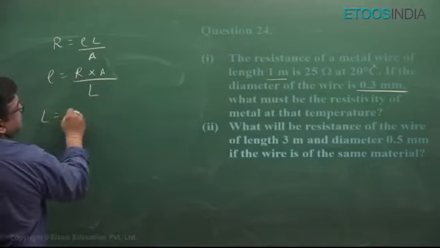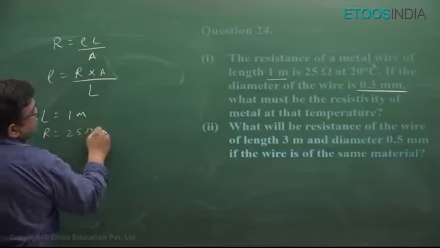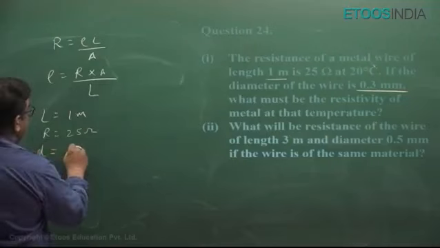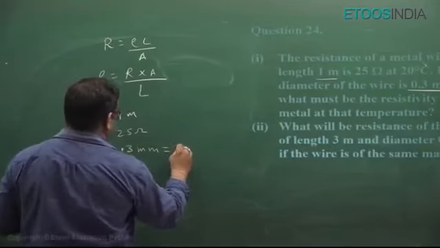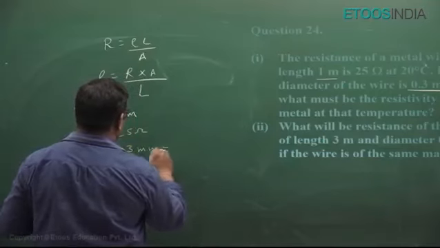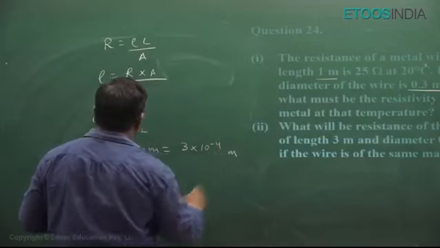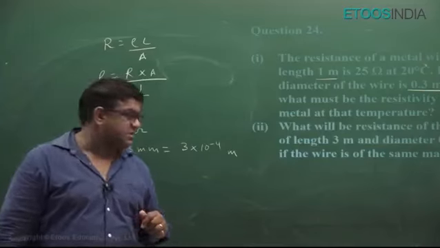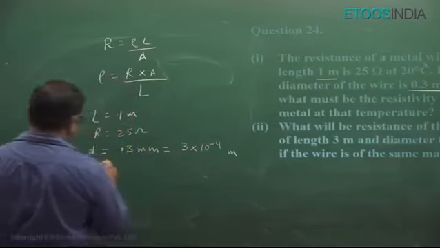See, length is 1 meter, resistance is 25 ohms, and diameter is 0.3 millimeter, which, if I convert into meters, is 3 into 10 raised to power minus 4 meters. Is it clear? Because in 1 meter there are 1000 millimeters.